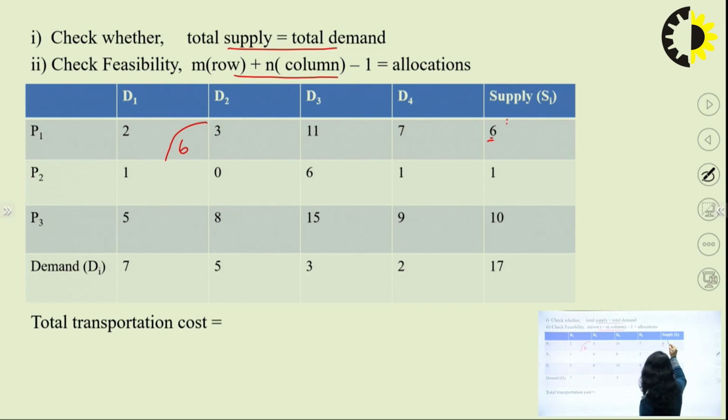Okay. So here the supply is 0 with P1, but the demand that is not satisfied is 1. The demand of 6 is already satisfied.